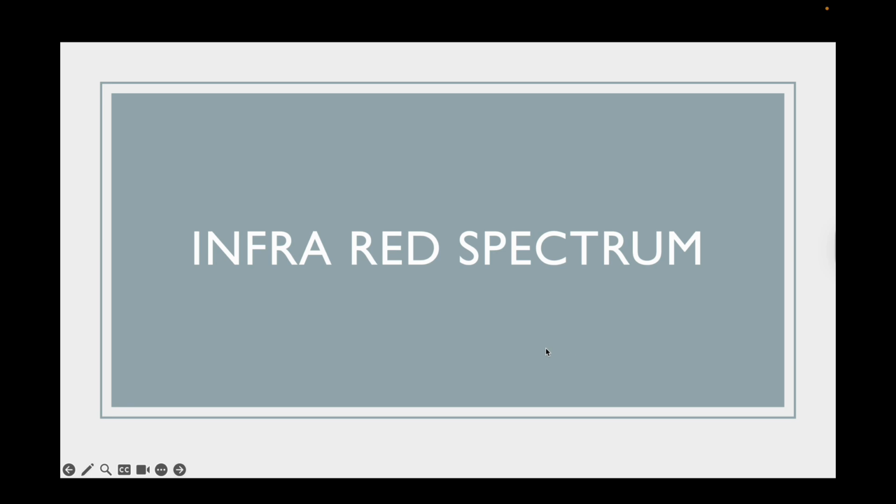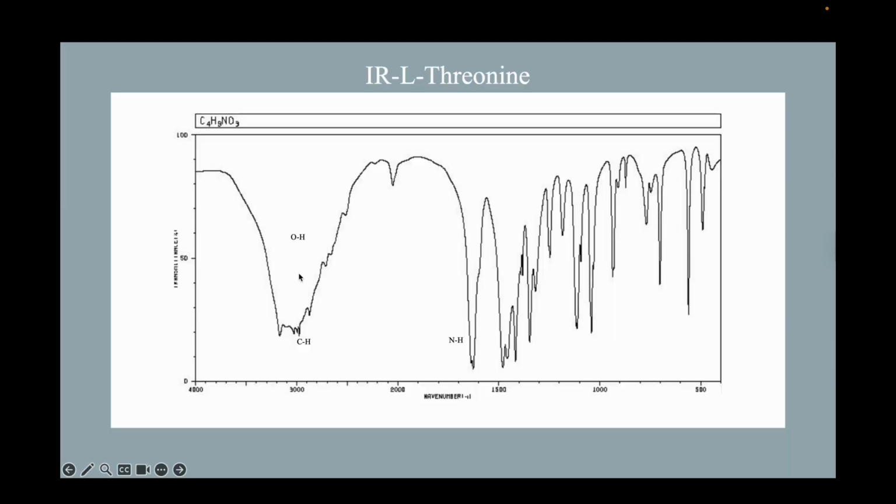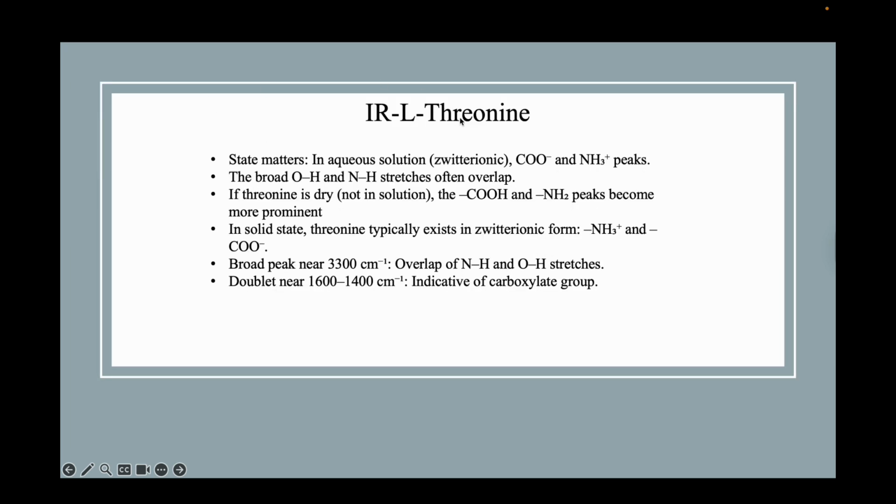In the infrared spectrum, the most notable peaks here are the OH, the CH, and NH. I mean the alcohol, CH bond, and the amine bond. The infrared for L-threonine in aqueous solution is zwitterionic, the COO and NH peaks, and the broad alcohol and amine stretches often overlap.